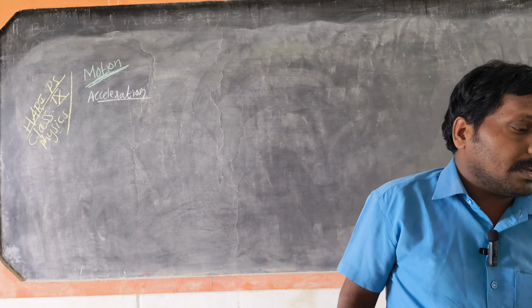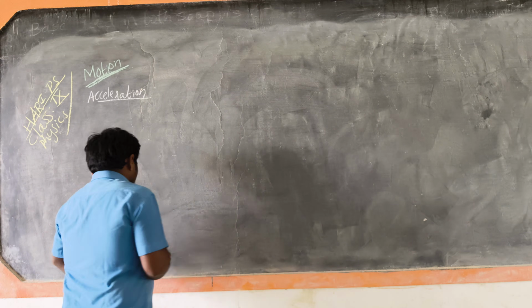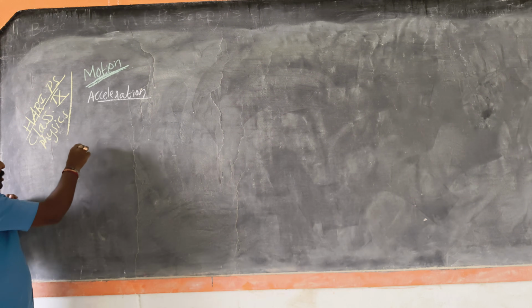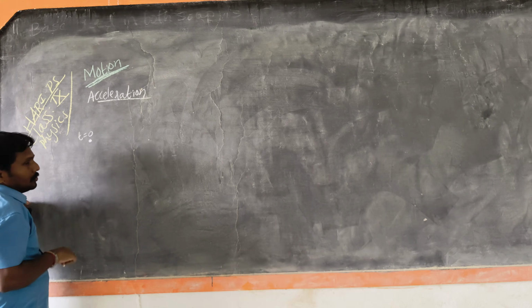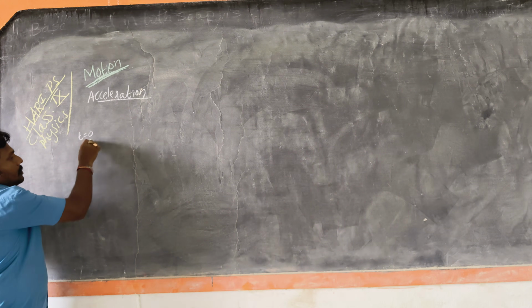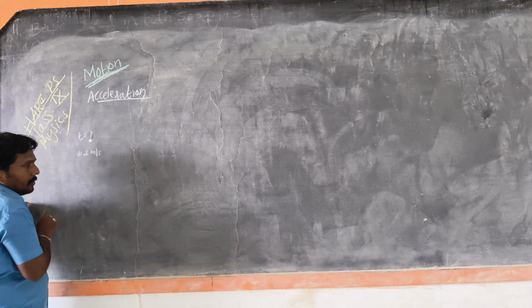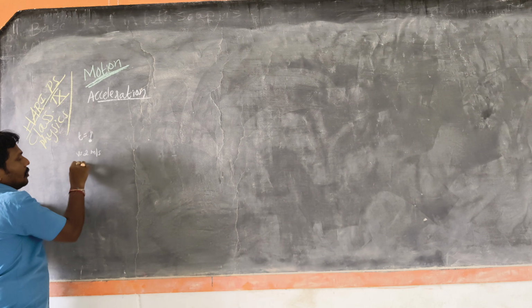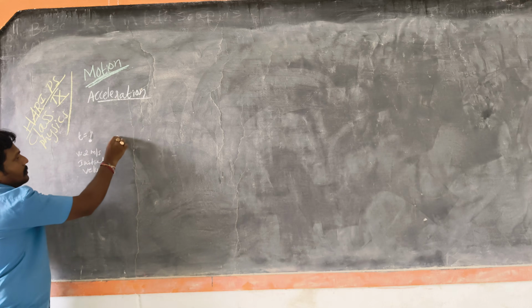5 seconds its velocity is 10 meter per second. That means a car or a body starts at t equal to 0 seconds. At time t equal to 1, its velocity is 2 meter per second. Then it is called the initial velocity.